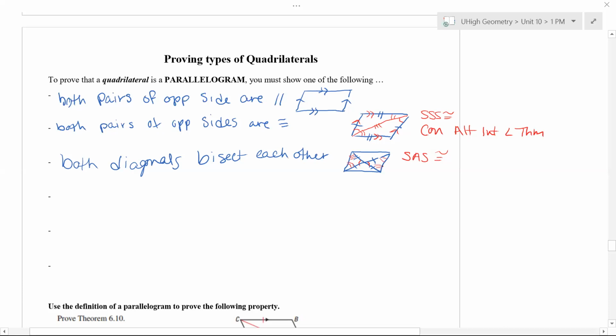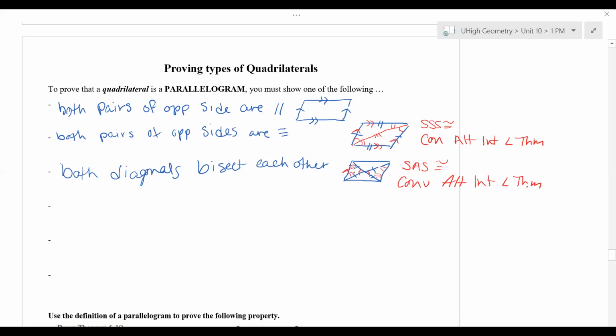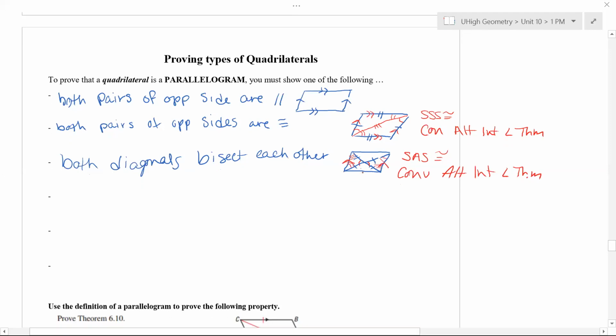Again, I'm going to have that converse of the alternate interior angle theorem that's going to tell me that my opposite sides are parallel to one another.